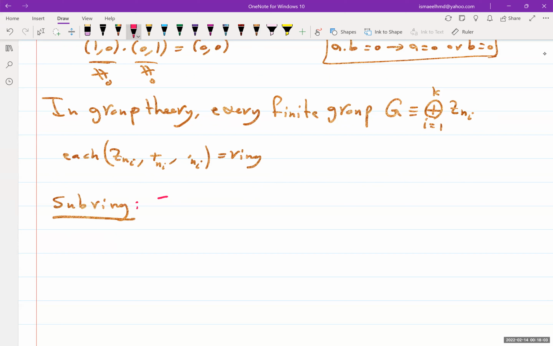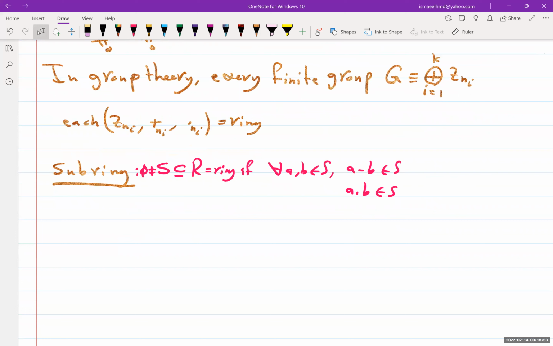A nonempty subset S of a ring R is called a subring if S forms a ring, or we can give two conditions for S to be a subring of R: for each a, b in S, a minus b must be in S, and a·b must be in S. That means S is closed under plus and dot.